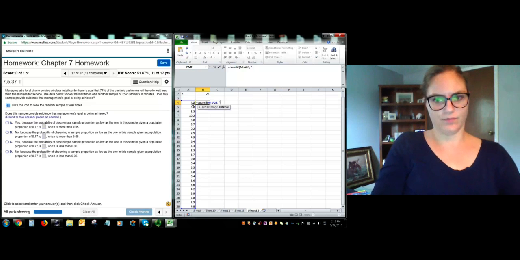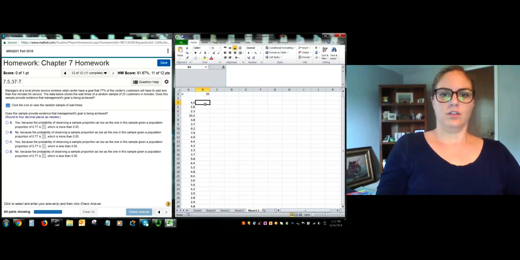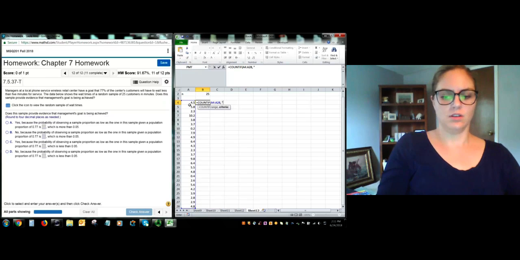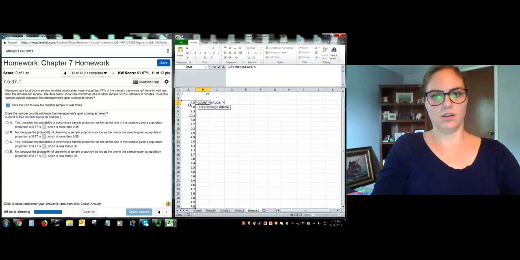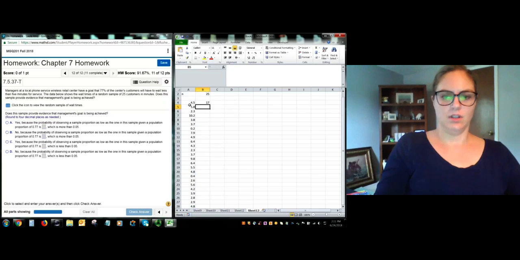Actually, I'll do less than. Here I'm going to apply a COUNTIF function for these values and determine which are less than or equal to 5.0. Close that out. And 17.